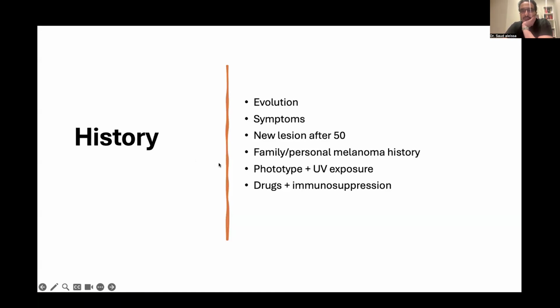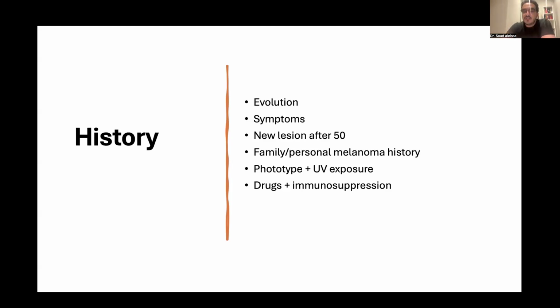When a patient asks, okay doctor, I have a spot here that changed, you ask how it changed, for example, grew, shrank, changed color. Does the patient complain of any symptoms, bleeding, ulceration, itchiness? Any lesions after 50 you should be wary of. Family or strong history of melanoma, personal history of melanoma as well.